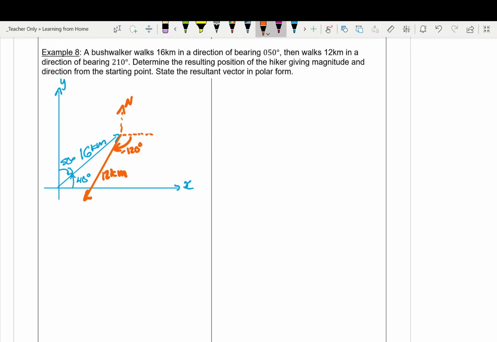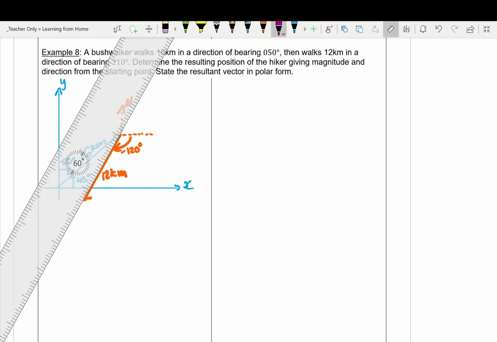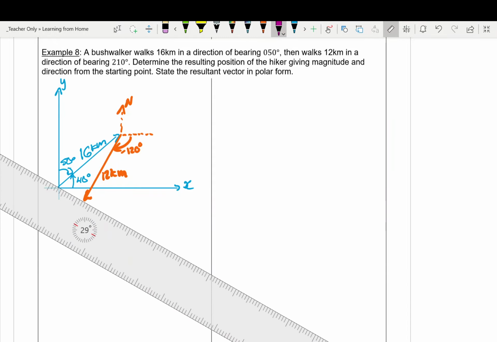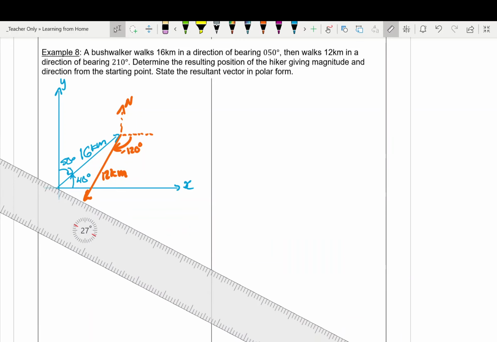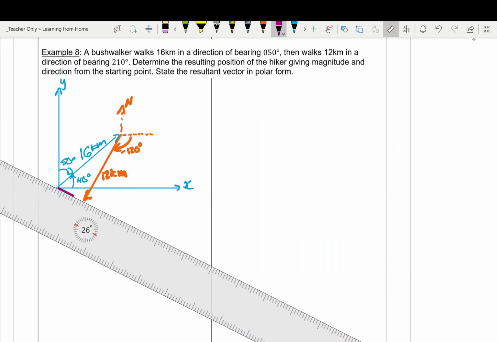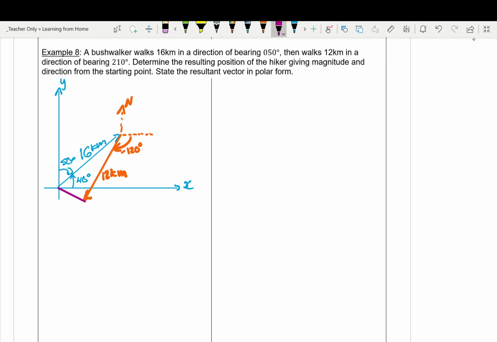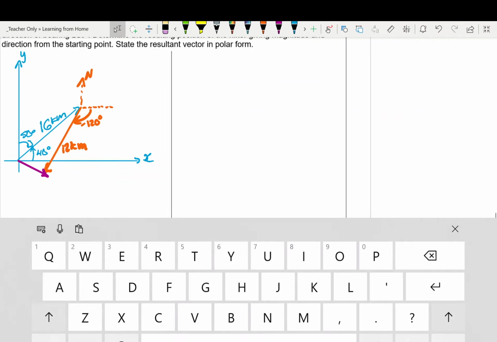Okay, and our resultant vector, which I'll draw in purple, is going to be the vector that takes us from the origin to this point here. So how do we find that purple vector? Well, what we first have to do is convert our two vectors into Cartesian form.